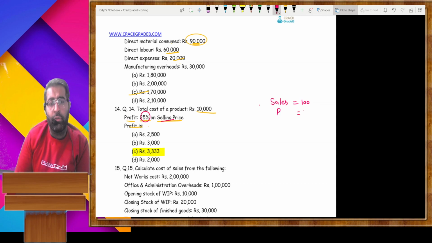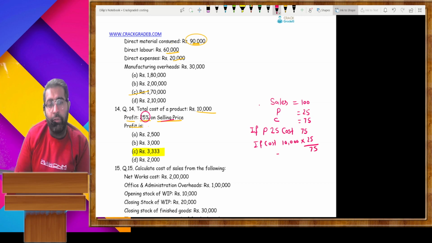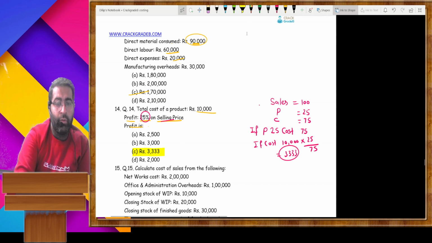Profit is 25. From the sale price, when we deduct profit, we get cost 75. We need to calculate profit. If profit is 25, cost is 75. If cost is given as 10,000, then profit is 25 upon 75 of it, that is 3,333. Okay.